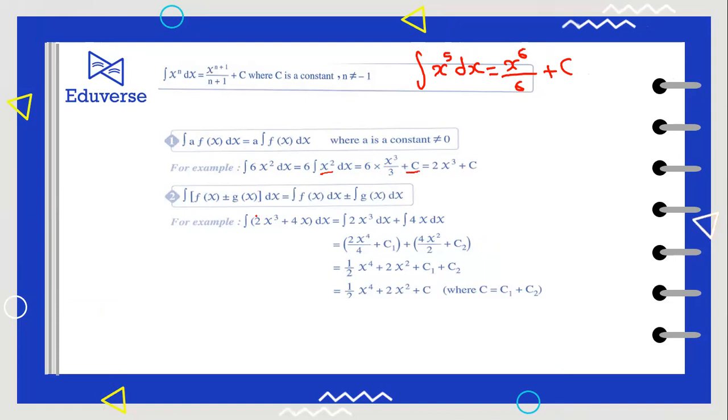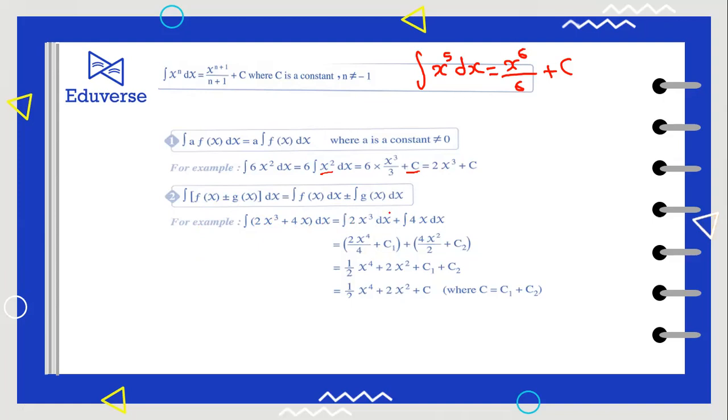It's very important. Okay. Here, integration of two functions, adding or subtracting. I can separate the integration of the two functions, each one alone. If I have the integration of 2x cubed plus 4x, I can integrate the first plus integrate the second, each one alone.